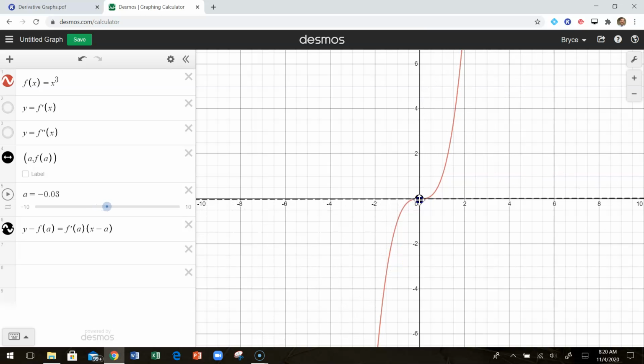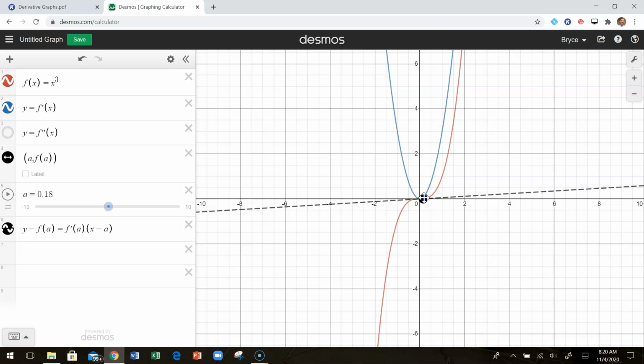So I'm going to keep this up here, and then I'm going to show you what the derivative of this would be. So I'm going to put another graph on here that's y equals f prime of x. Now you should know that the equation for y equals f prime of x for this function would be 3x squared. So if I graph this, that is actually 3x squared. Okay? But notice when your original function had a slope of 0, the derivative had a y value of 0.